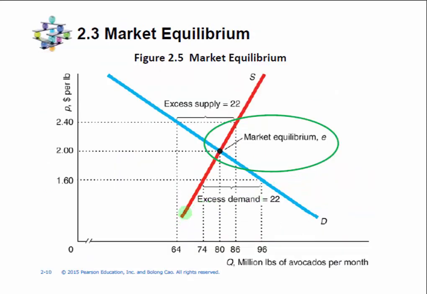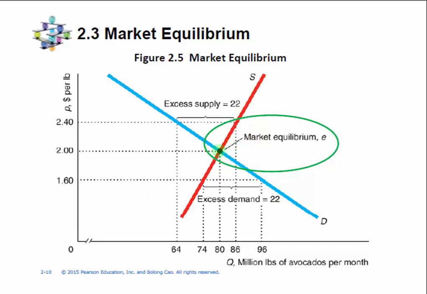Once we have the supply and the demand, here we put the avocado supply curve and the avocado demand curve in the same picture, right? For every price, there's a quantity demanded on the demand curve, and there's a quantity supplied on the supply curve.